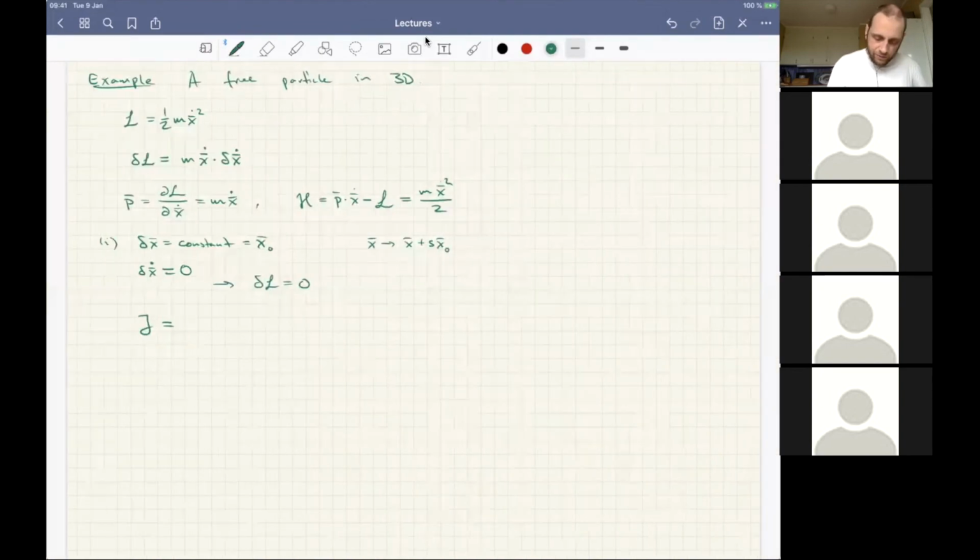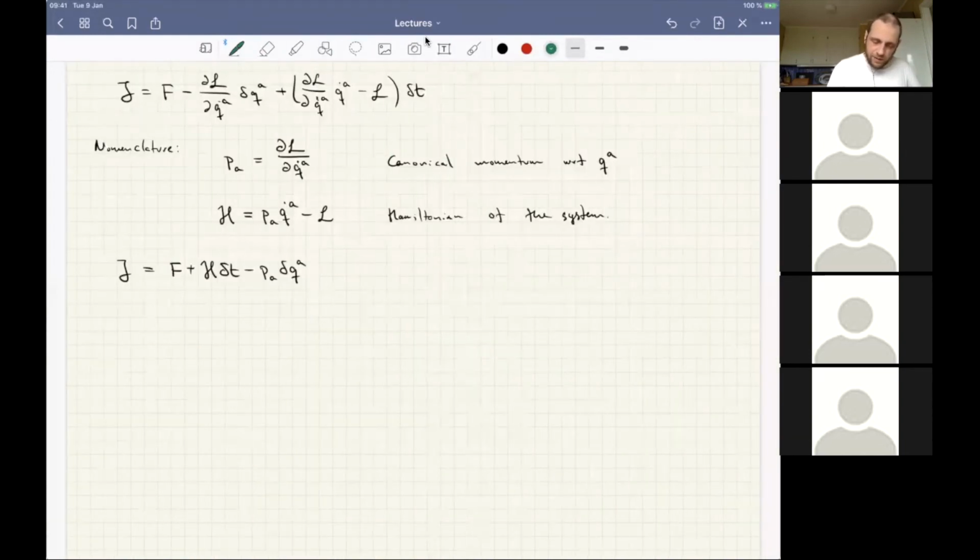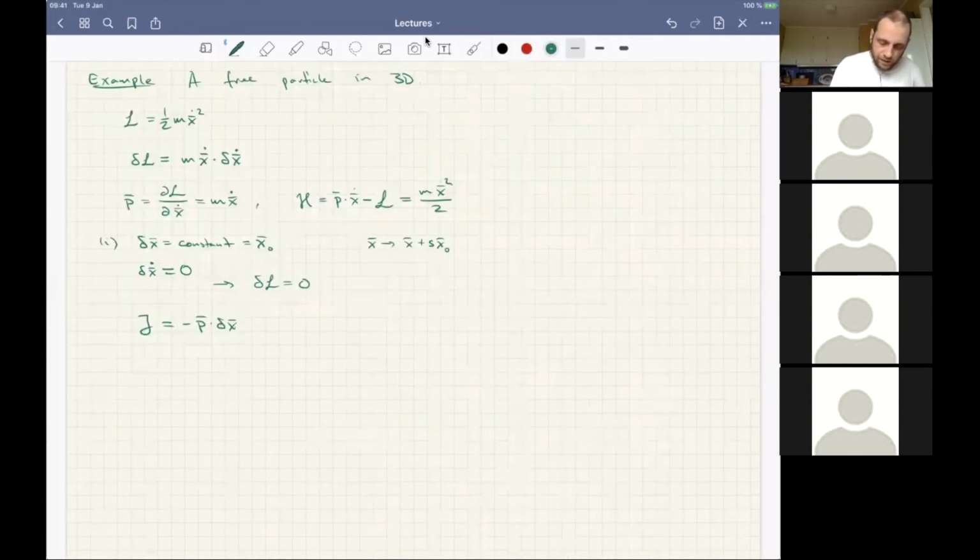And that term is going to be minus P times delta X, which is exactly what we had here. And that's equal to minus P times x0.